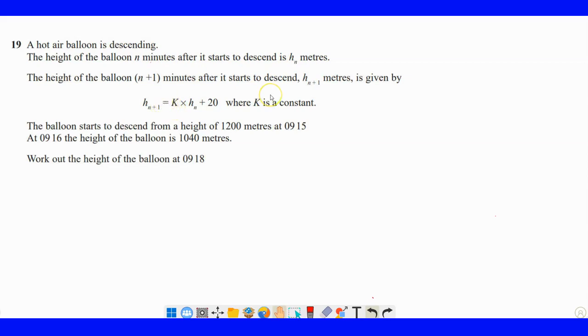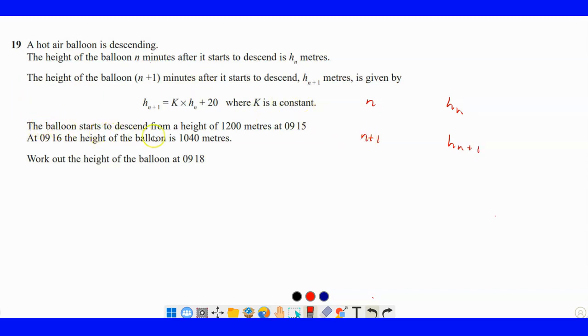So let's look at some facts that we have. At n minutes, the height was h_n, right? And at n plus 1 minutes, we have a height of h_(n+1).